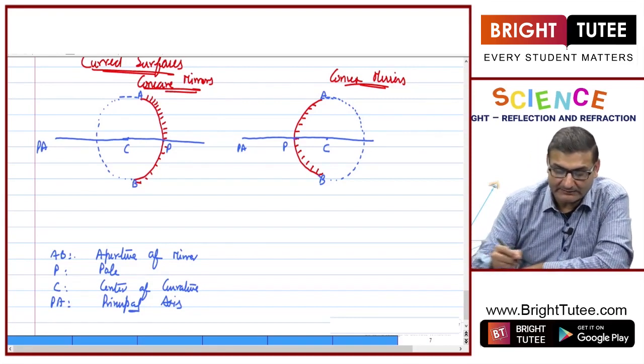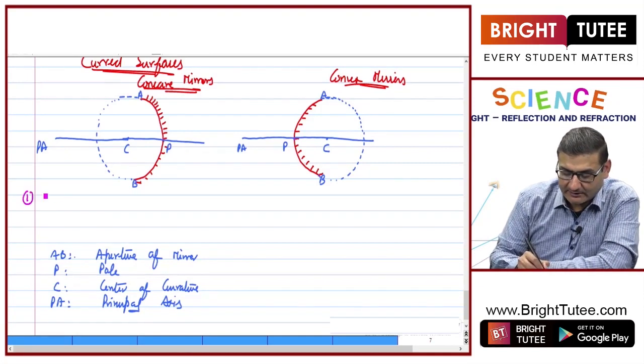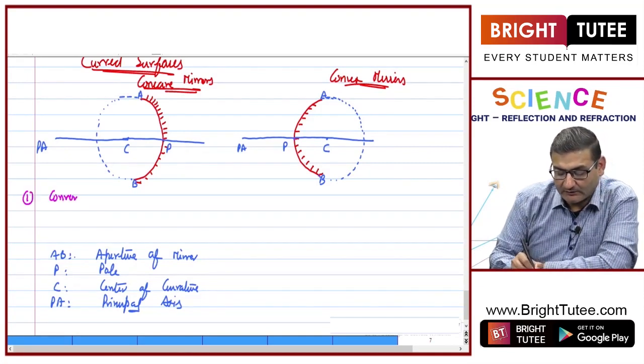Now a very important thing that we need to remember is that this concave mirror is a converging mirror. What do we mean by this particular term?